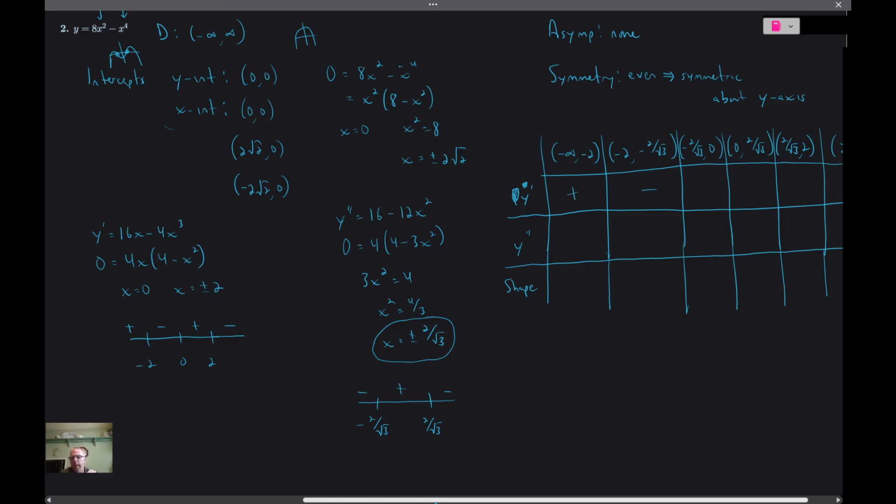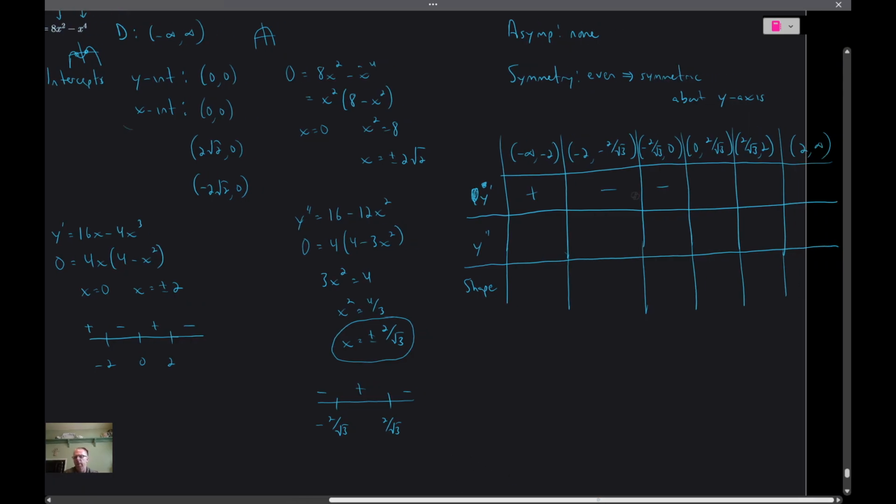Then it's going to be negative until we get to 0. Then it's going to be positive to +2. And then it's going to be negative after that. The second derivative is negative until we get to -2 over square root 3, positive between -2 over square root 3 and +2 over square root 3, and then negative after that.